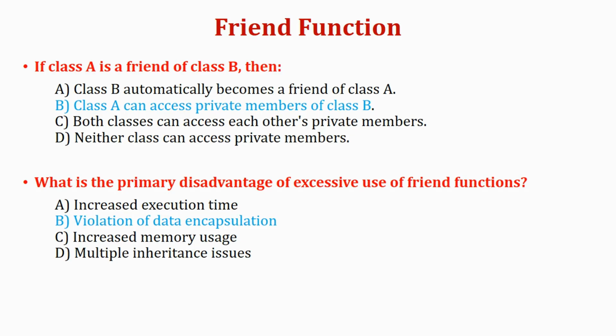It means the other class or non-member function is not allowed to access the private member of the variable. But here, with the help of the friend function, we are going to access the private member of the class. So we are violating the data encapsulation, right? So this is another drawback in the friend functions. Thank you.